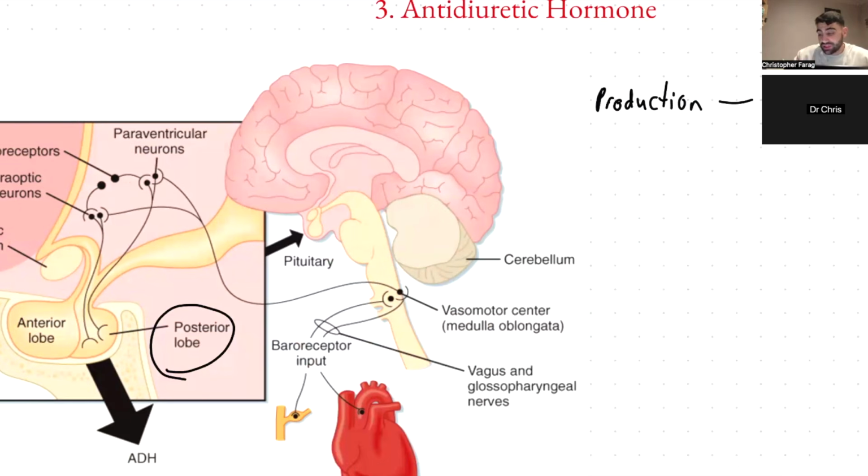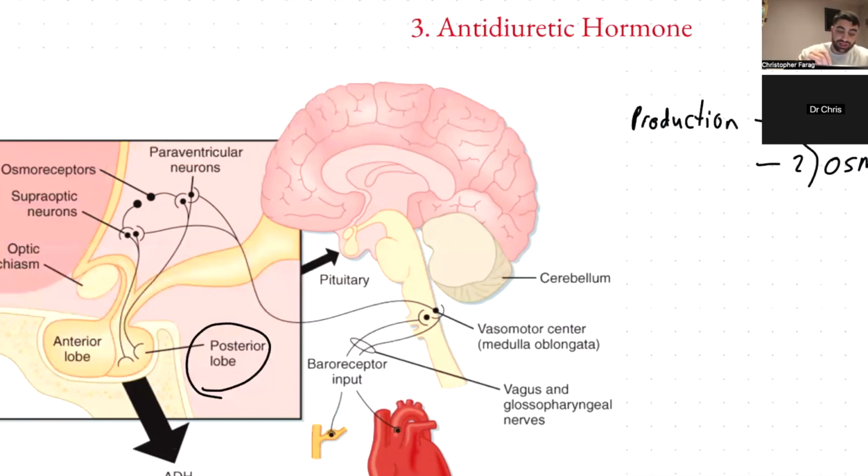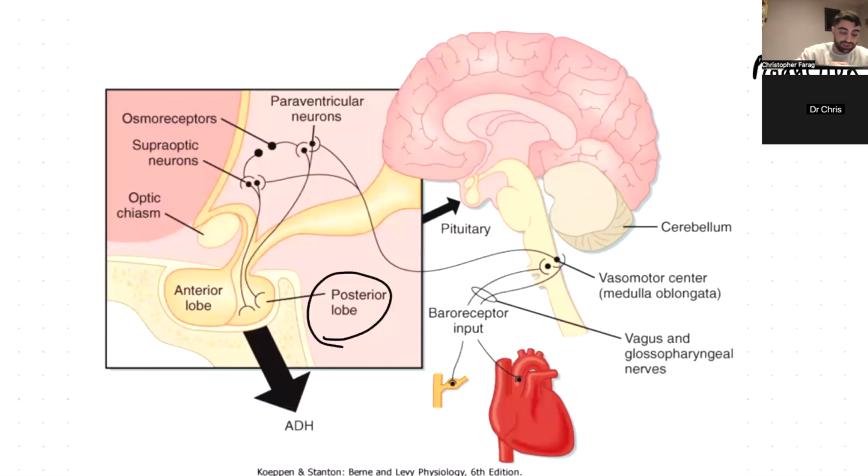Another way it can be produced is through osmoreceptors. Now, what's an osmoreceptor? These are receptors that can detect osmolality, when something is concentrated or dilute. Now, these osmoreceptors, if we look at the diagram on the left, are at the base of the third ventricle. So these are the osmoreceptors up here in the brain.